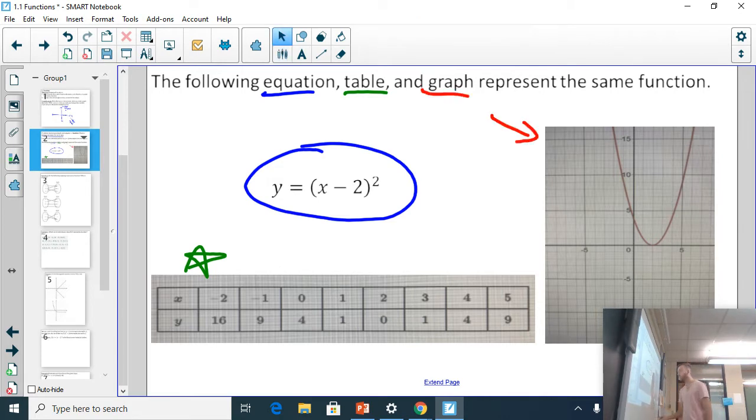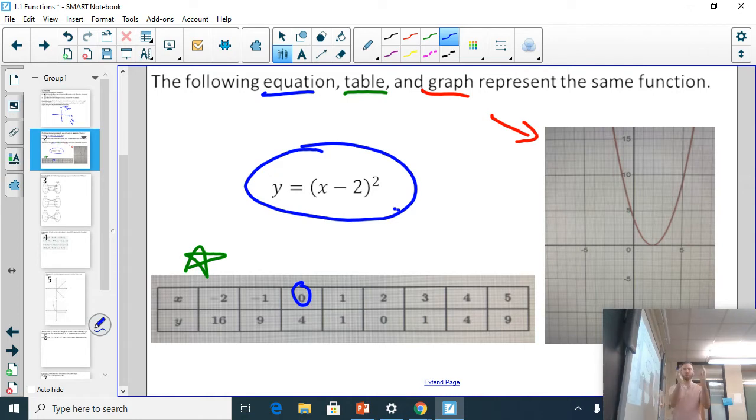All three of these represent the same function. This is the algebraic equation, but if we plug in x equals 0, that'd be negative 2 in parentheses squared. Negative 2 times negative 2 is positive 4. It gives us our y. So all of these forms are saying the same thing.